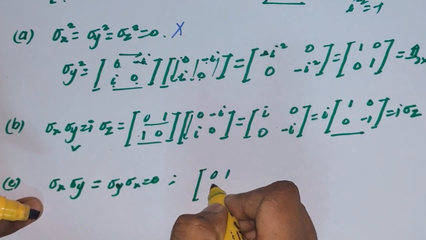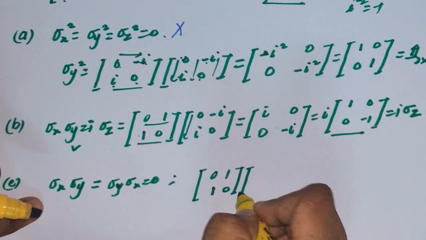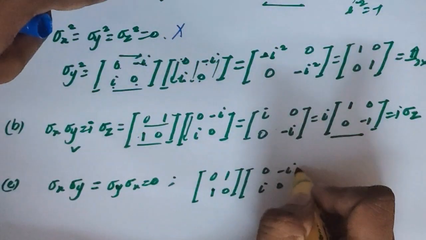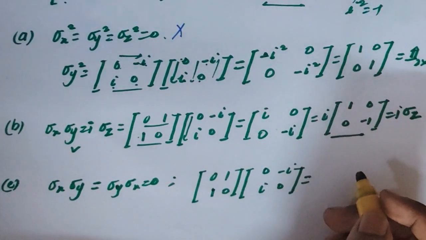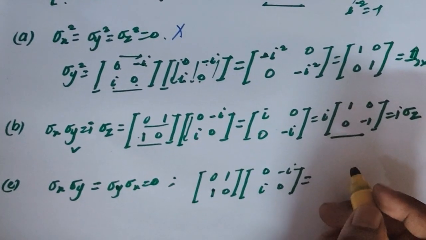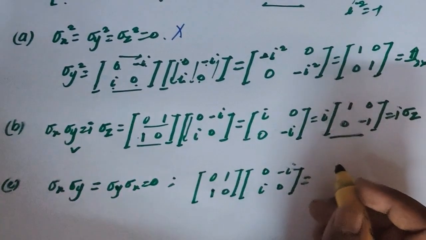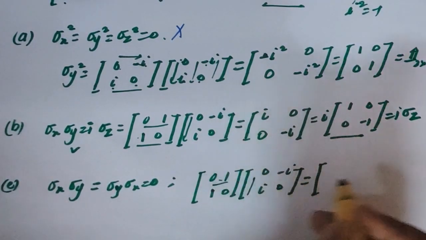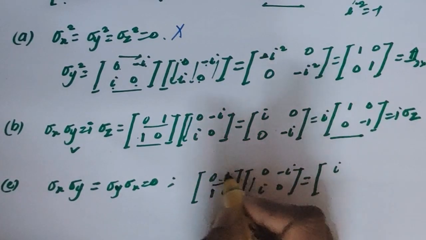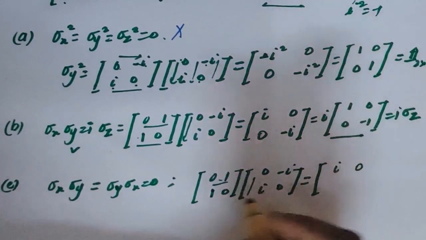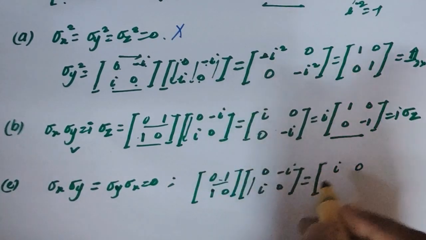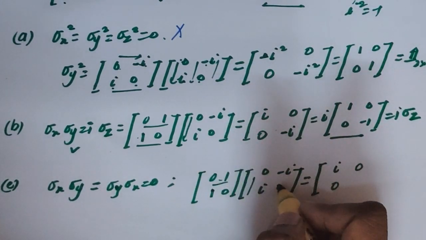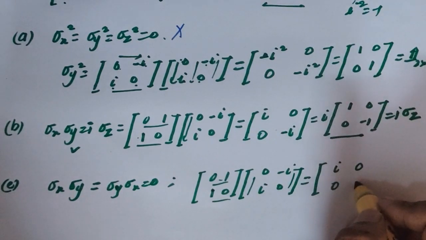Sigma x is 0 1 1 0 and sigma y is 0 minus i, i 0. Multiplying the first row and first column gives i. The first row and second column gives 0, the second row and first column gives 0, and the second row and second column gives minus i.